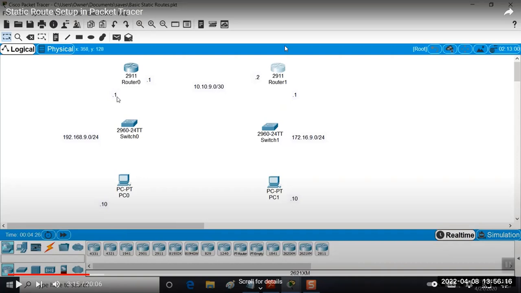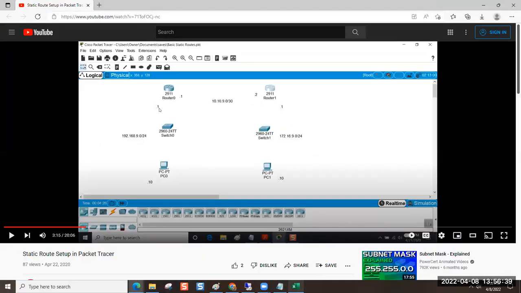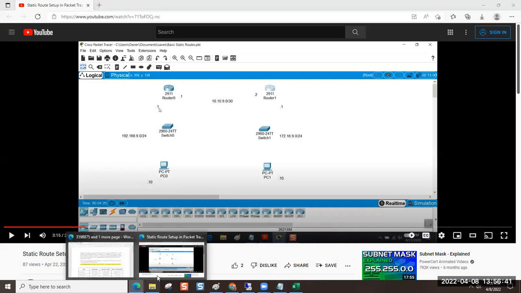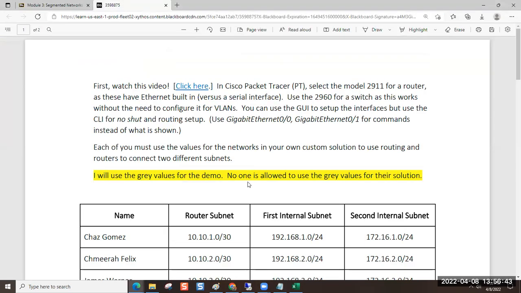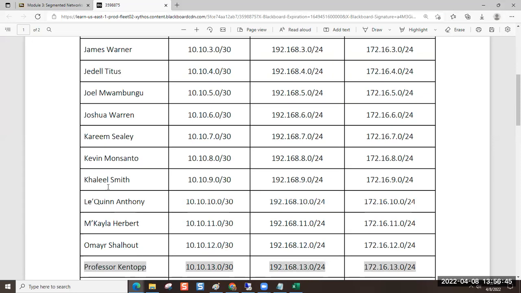What about the network between the 2 routers? 10.10 dot what? 9.0. What about this network over here? 172.16 dot what? 9. So who is actually working that? Well, in this case, the .9 network is done by Khalil Smith.